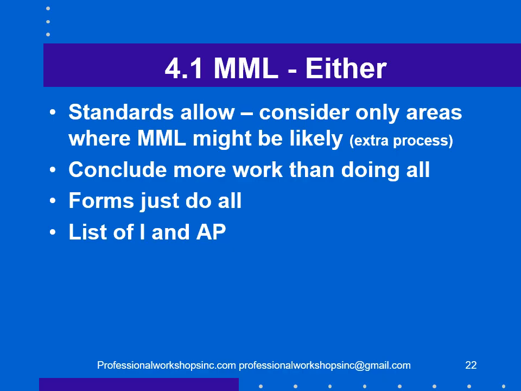My conclusion is it's just simpler to do inquiry and analytical procedures on all financial statement areas, and the forms do all, because I think that's less work than this other step of figuring out which areas you don't have to look at. And I don't know how you do it. So the forms just do all.